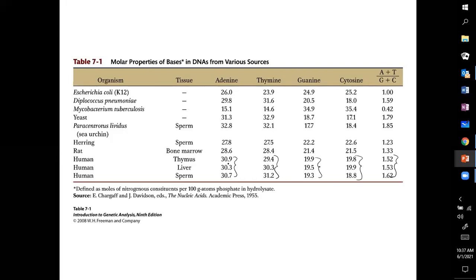In humans, A's and T's were at approximately the same concentration, and G's and C's were approximately at the same concentration. Different species had different ratios of A's and T's to G's and C's, but within a species, the ratios were consistent. If you look at E. coli, which is quite different from humans, the A's and T's and C's and G's were still similar to each other, even though the ratio was different than in humans. So what did that mean?